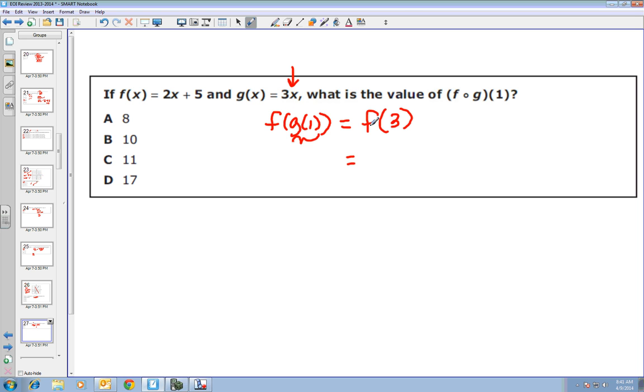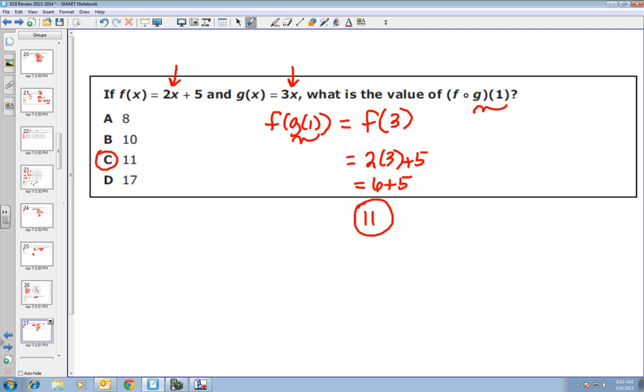Now, this says go to my f equation, and what am I plugging in? 3, right? 2 times 3 plus 5, 6 plus 5, 11. Okay, we did those the last chapter. Always do what's on the inside first. So I would find g of 1 first, find that answer, and plug it into my f.